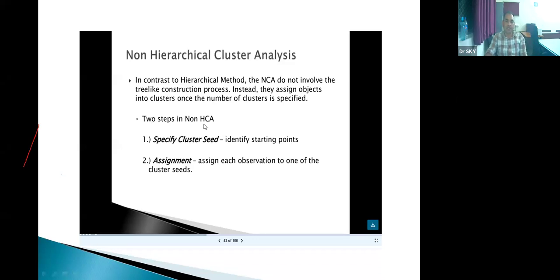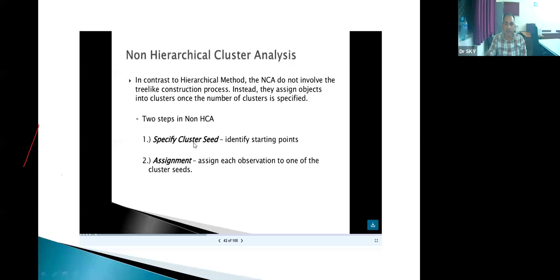There are two steps in non-hierarchical cluster analysis. First, specify the cluster seed: identify the starting point, where to start. Then the next step is assignment of the observations.